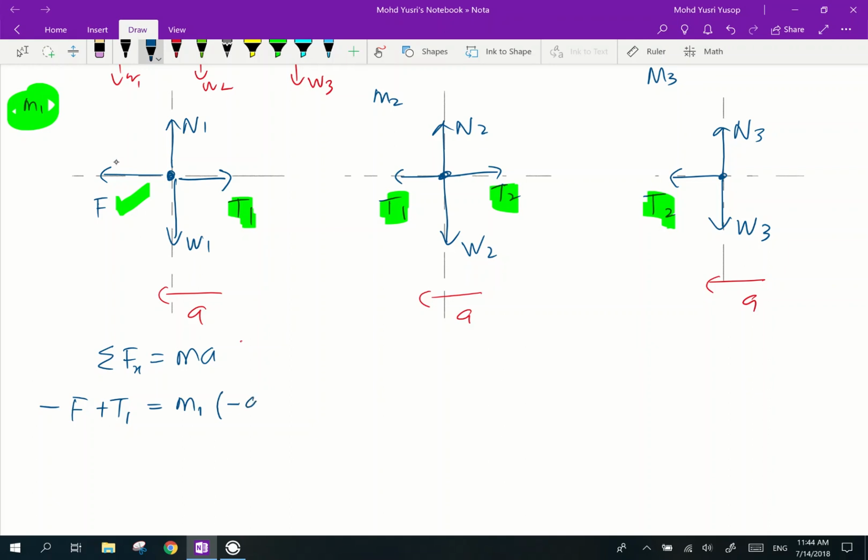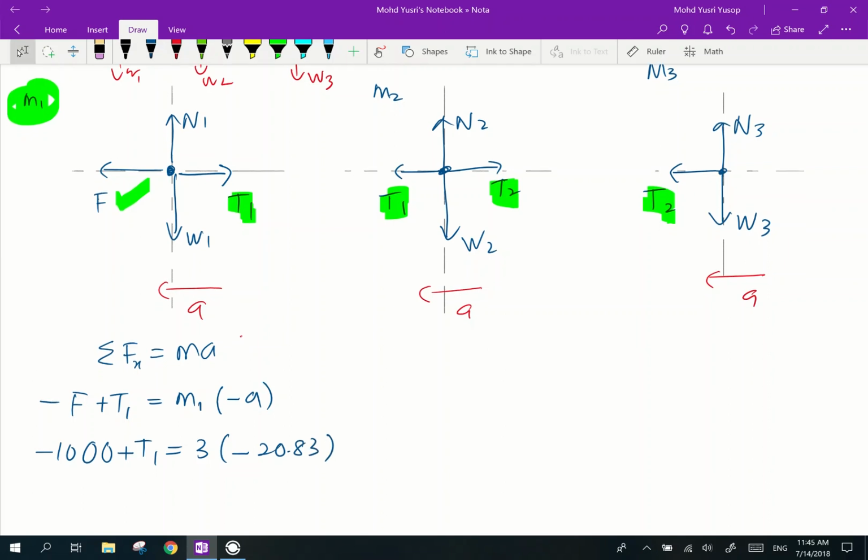A is in the negative direction, so negative. So I have negative 1000 plus T1 is equal to 3 times, okay, magnitude of a adalah 20.83. So saya akan dapat T1 is equal to 937.51 Newton. Cuba tekan dan cek jawapan saya betul ataupun tidak.